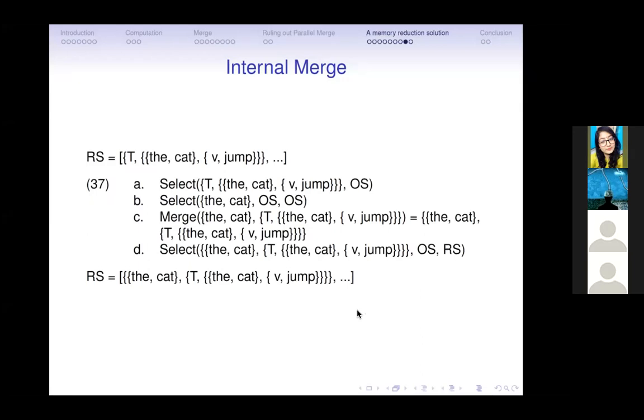Then inside that operating space, you look down inside that object, you find "the cat", and you put that in the other cell of the operating space. Now you've filled all the cells in the operating space, you do your Merge, okay? And that gives you the horrifically complicated looking object you see after the equal sign in 37C. And that's a case where you've moved "the cat" from one position in structure to a higher position in structure. What you do then is you've got the object that Merge has created and you copy that back into the resource space, and there you have internal Merge.